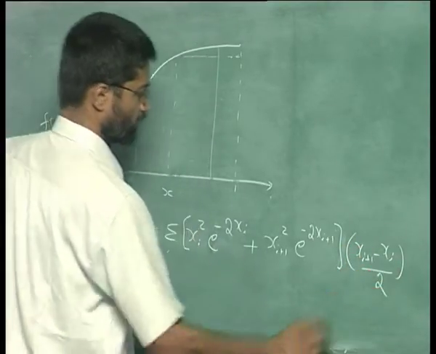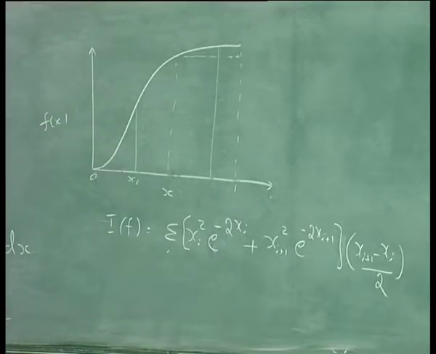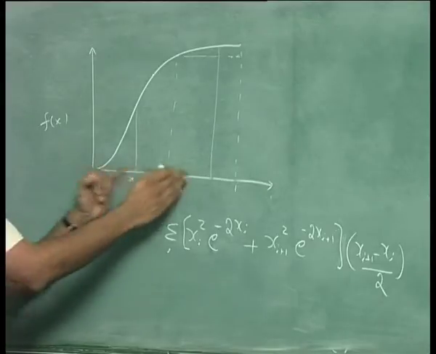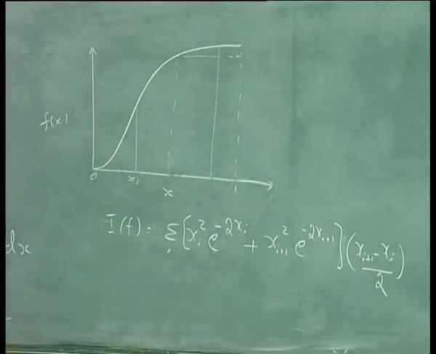So that's our trapezoidal rule. That's what we are going to use, and each of this for many intervals xi. Okay, so that's what's done here.